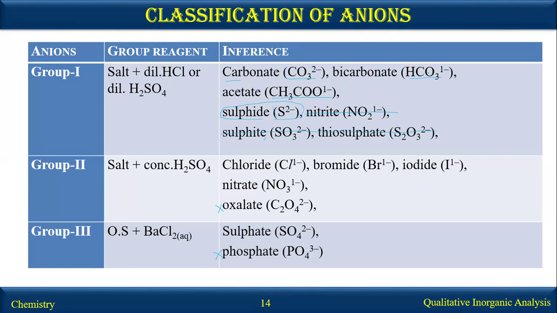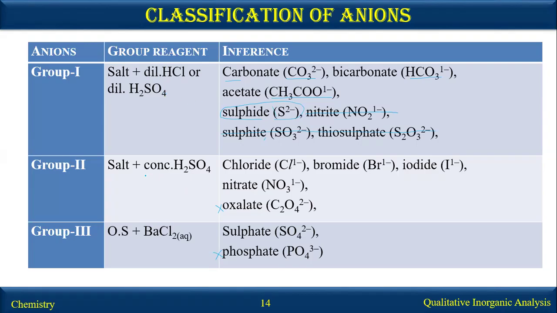For example, carbonates and hydrogen carbonate can be identified by brisk effervescence, which we will see in the individual videos of the salts. Acetate can be identified by a vinegar-like smell. You should smell that. So the group reagent is dilute HCl or dilute sulfuric acid. You can use any one of them.